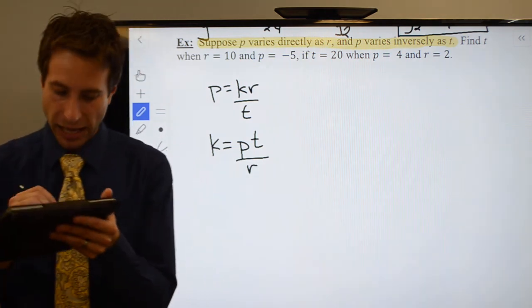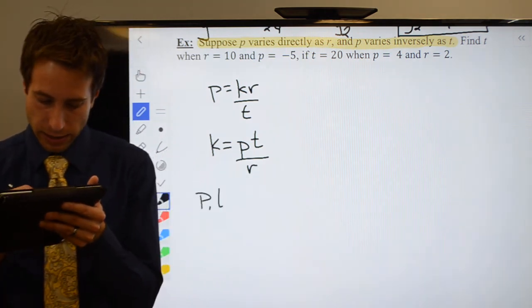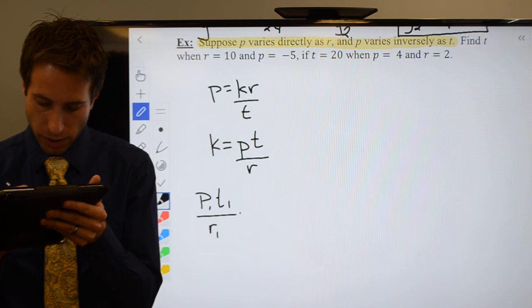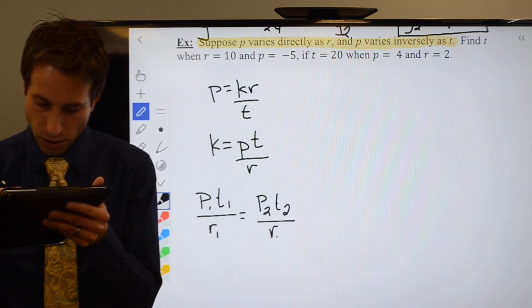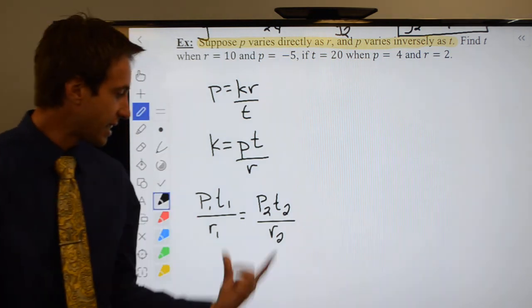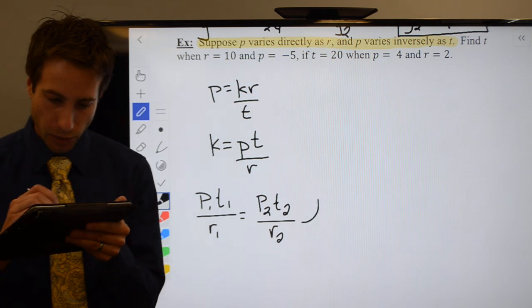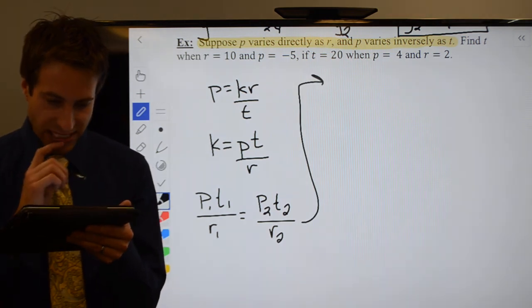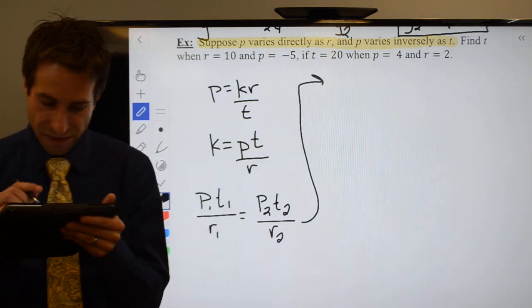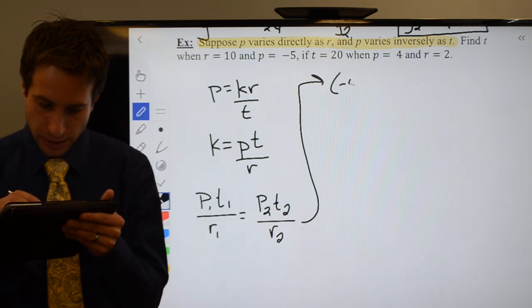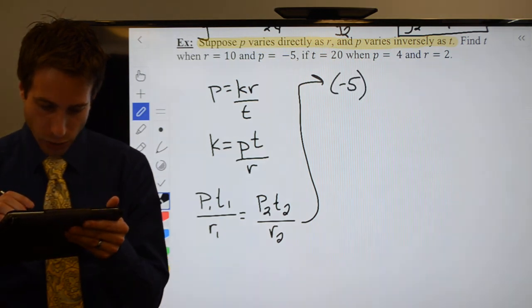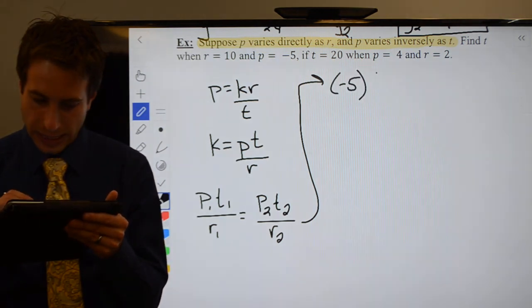And then initial and final set. P1, T1, R1, P2, T2, R2. Fantastic. At this point, it'll be plug and chug. So here we go. Let's see. I'm told that T is 20.